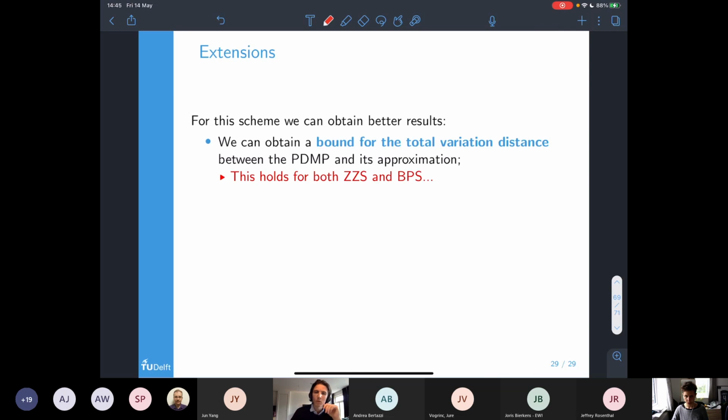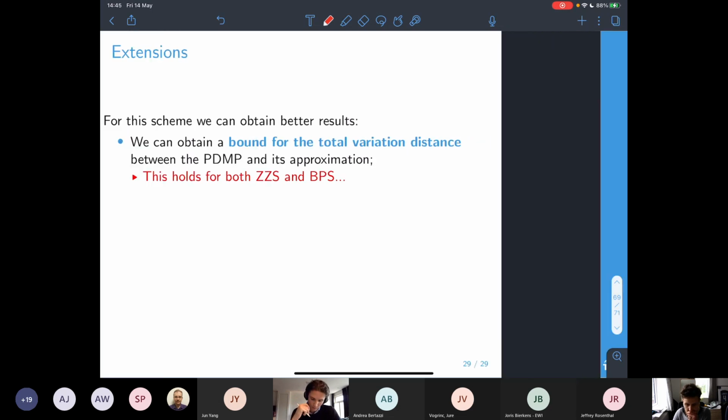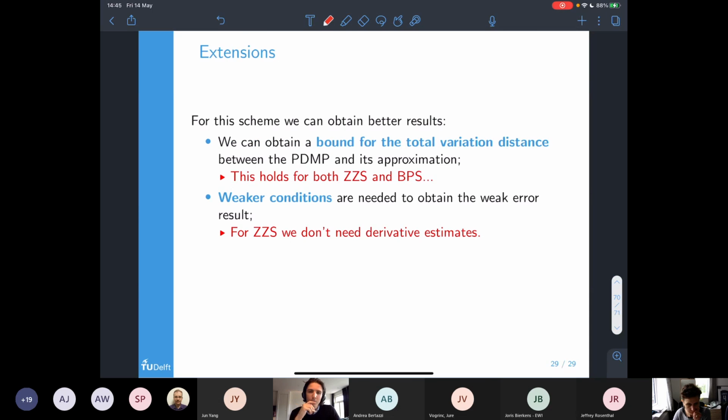And so this is fine for Zig Zag and bouncy. So the conditions we would ask in that case would make it possible to approximate Zig Zag and the bouncy particle sampler, which I haven't really described, but it's another PDMP.